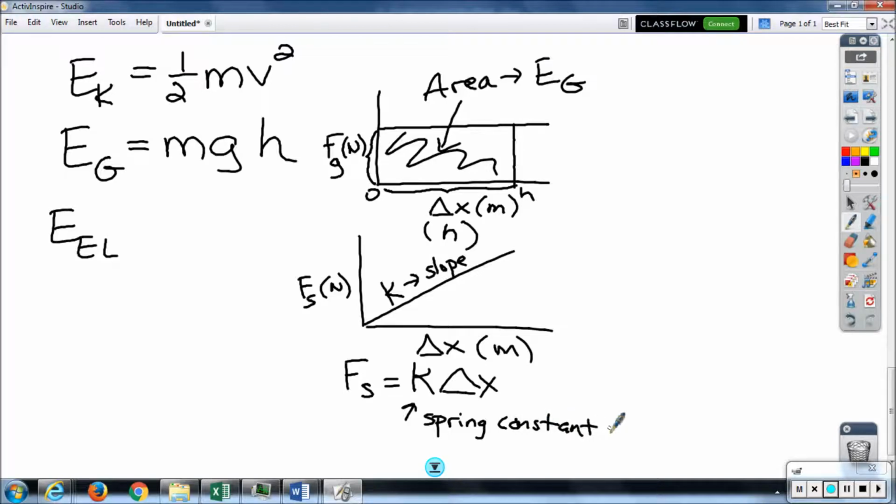It would have units of newtons per meter. So the more newtons per meter the slope is, the more force it takes to stretch a spring a given amount. So it must be a tougher spring. So this equation here represents the strength of the spring force. We call this Hooke's law.